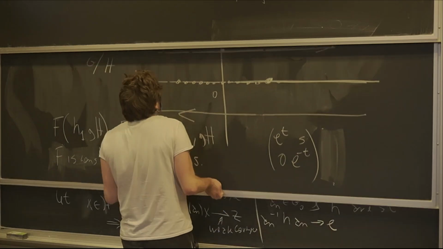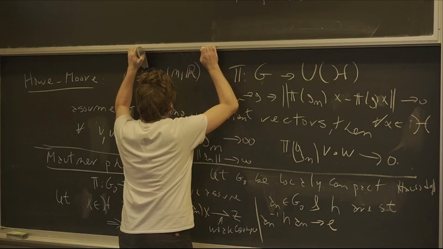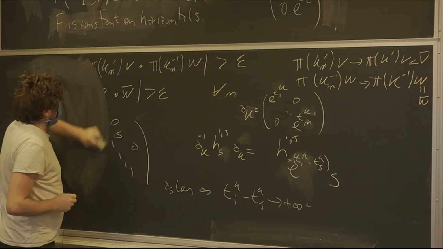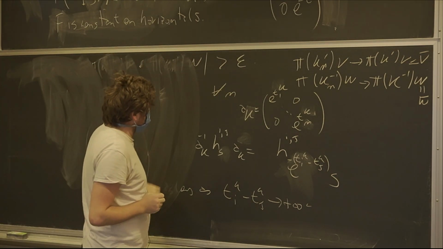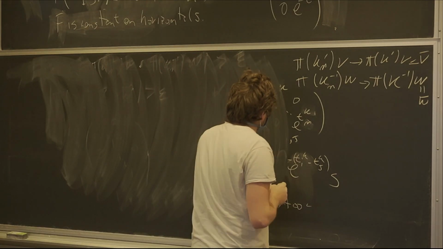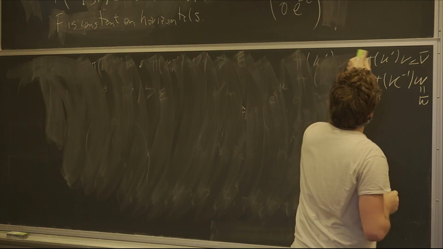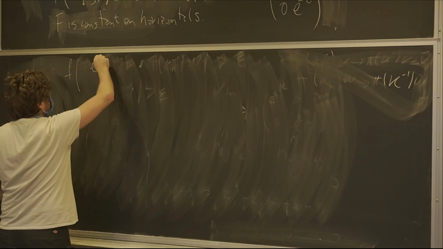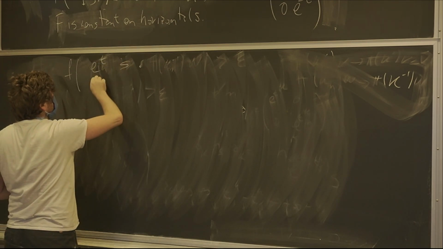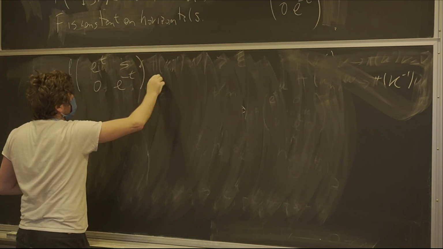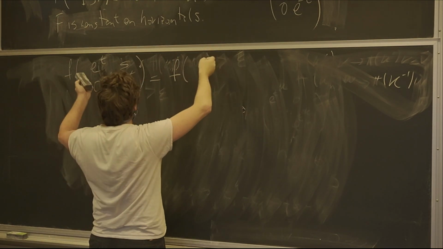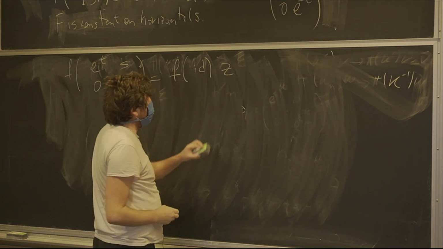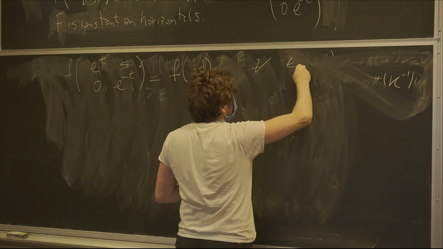Let's write it down. So this continuity allows us to tell that f of (e^t, s; 0, e^(-t)) is equal to f of identity, because it's one special case of this, for every t and s.